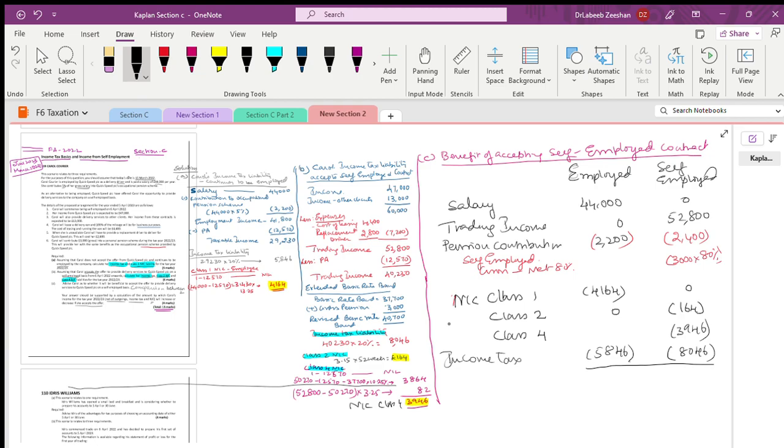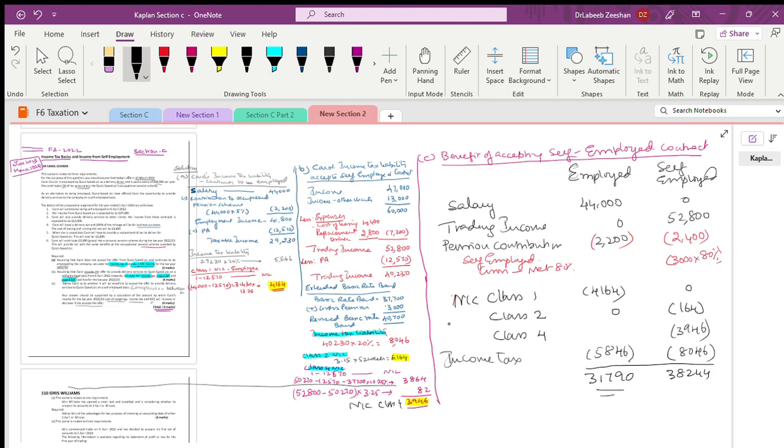44,000 minus 2,200, 4164, 5846. It comes to 31,790. Next, 52,800 minus 2,400 minus 164 minus 3946 minus 8046 comes to 38,244.